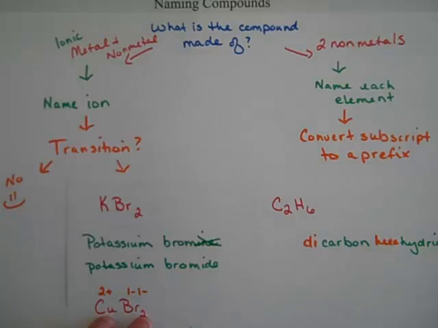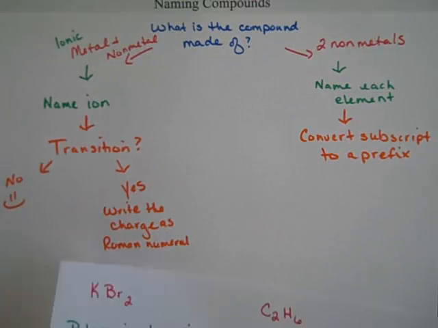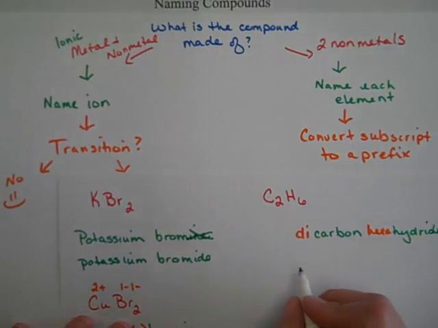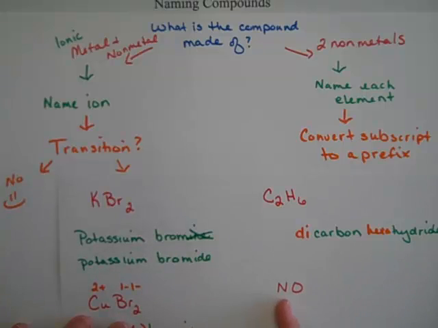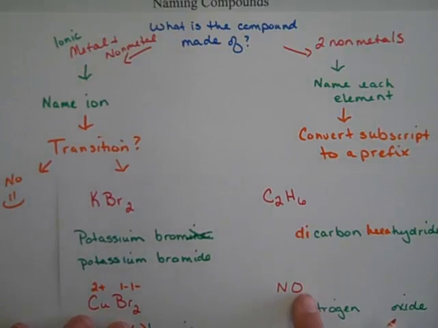Now another question that we have to ask, we can't really just stop there because remember, if we have, let's just say we have NO, those two, we have nitrogen and we have oxygen. We have nitrogen oxide. We have one of each.